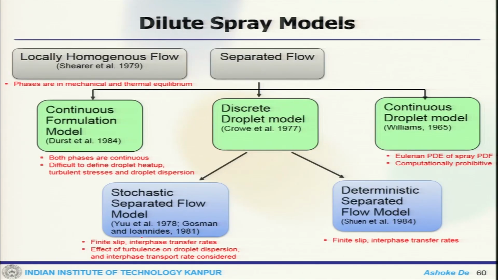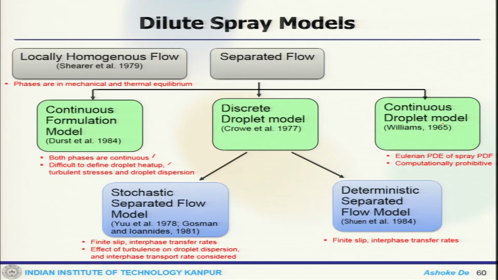Now, if you look at this complete picture, either there could be locally homogeneous flow, where the phases are in mechanical and thermal equilibrium, or it is a separated flow. Then there could be a continuous formulation model, a discrete droplet model or a continuous droplet model. In the continuous formulation model, both phases are continuous, and it is difficult to define droplet heat up, turbulent stresses and dispersion.